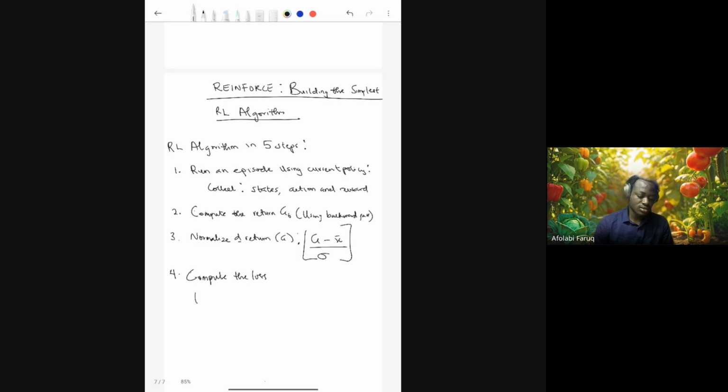And to calculate the loss, we say minus summation of log of policy, that is, the log of the policy of the action at a specific time given the state, times the return.